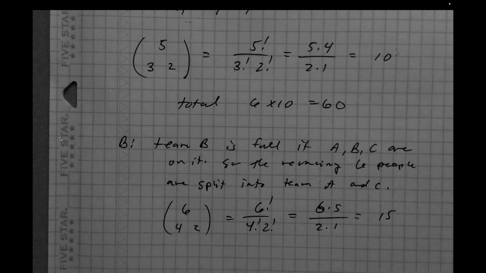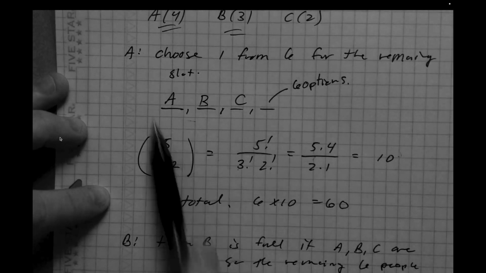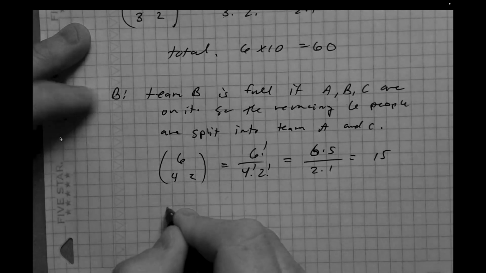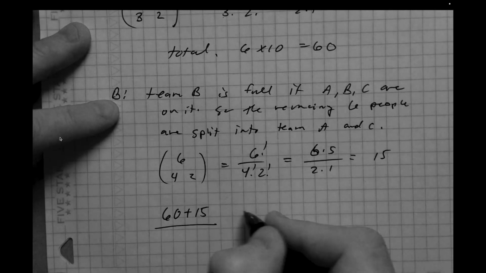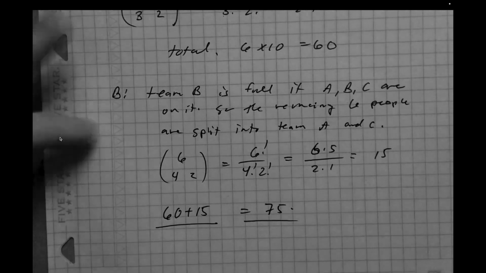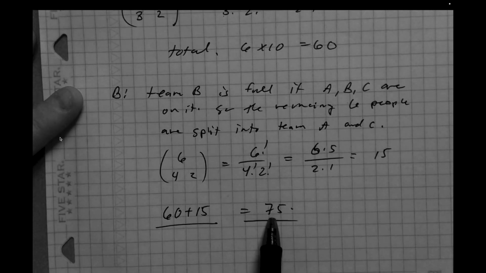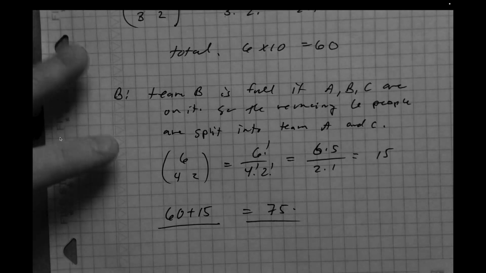So the probability that Alice, Bob, and Carol are on the same team, the numerator has to be all the ways that they could be on team A plus all the ways they can be on team B. So you've got 60 plus 15. That's the numerator, and so that's 75. So the probability that they're on the same team is going to be that number divided by the total, all of the different ways that the teams can be divided up.